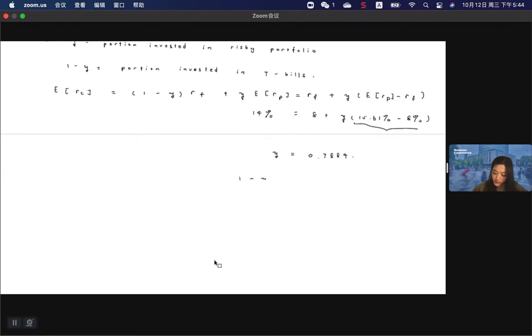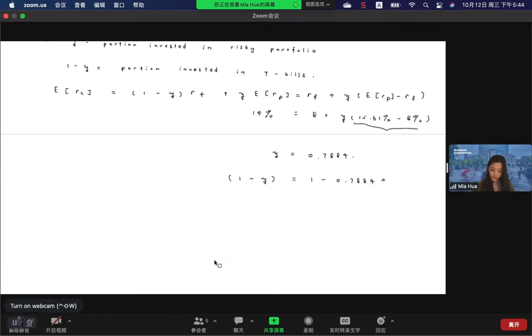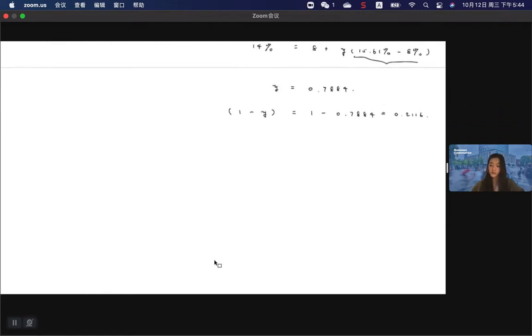And 1 minus Y would be the amount that you will invest in T-bills, which is 1 minus 0.7884. Let me do the calculation. Which is 0.2116.